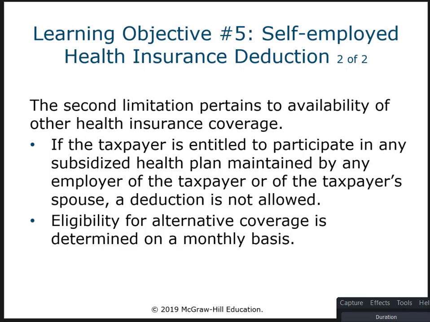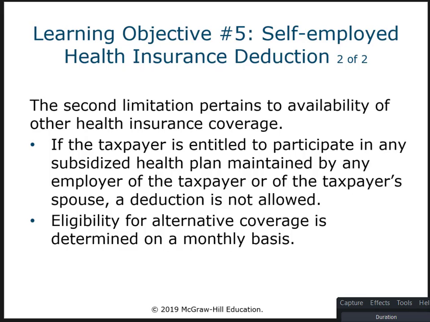A lot of people have a job and a side business. If you are eligible for insurance at your employment, then you don't get to take the deduction, even if you choose not to. If you decline coverage at your employer and buy it on your own, it still doesn't qualify as self-employment health insurance. You have to look at that on a monthly basis for the year.